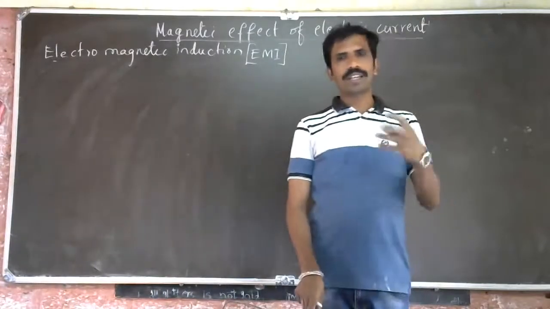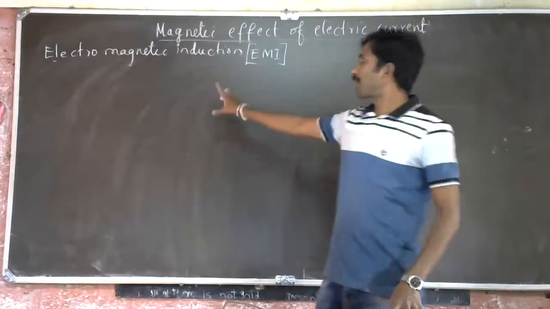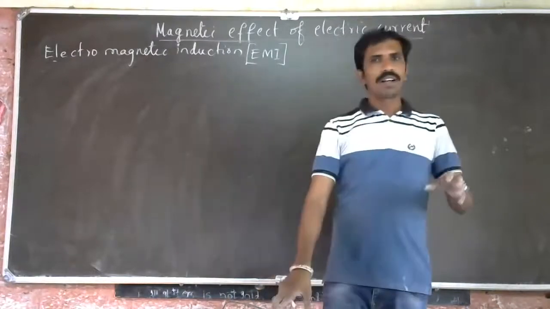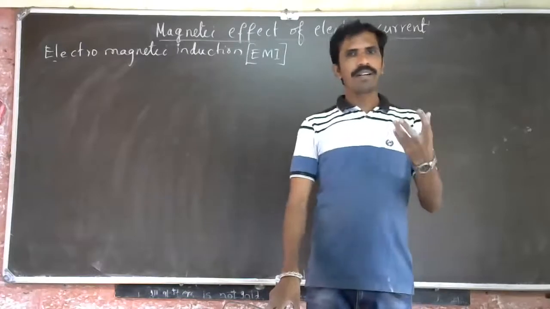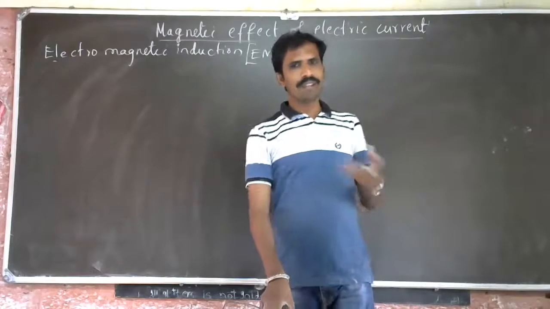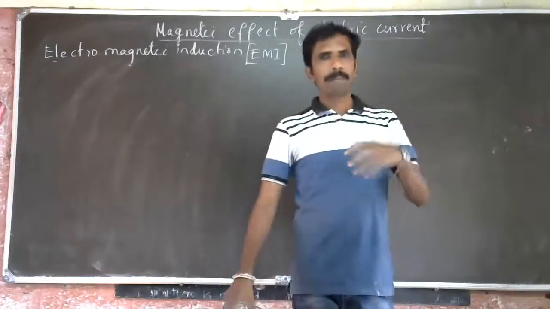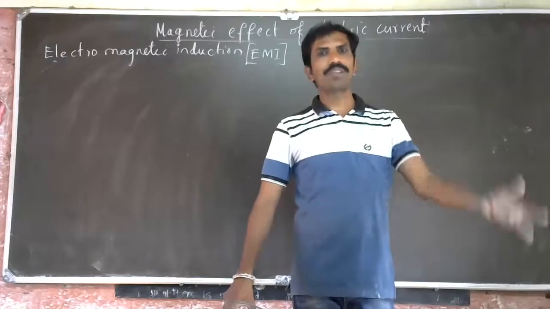Ørsted told that a current carrying conductor can produce a magnetic field. Similarly, Michael Faraday thought, if electricity can produce a magnetic field, why not the magnetic field produce electricity?